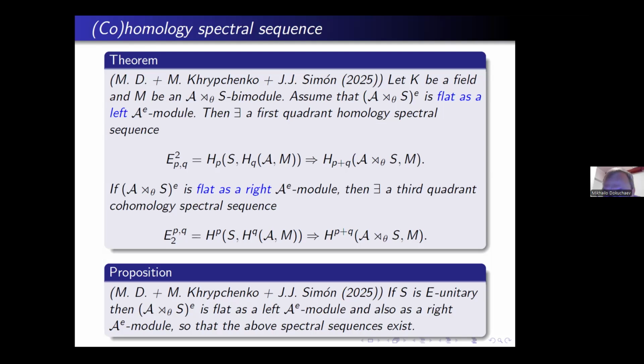So on the right-hand side, you have Hochschild homology of the groupoid algebra with coefficients in M.